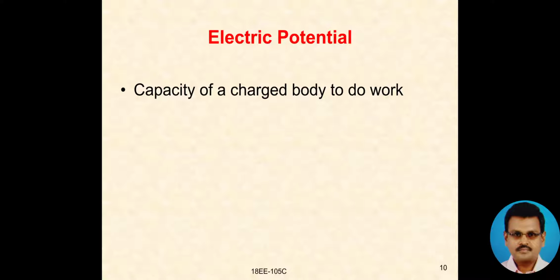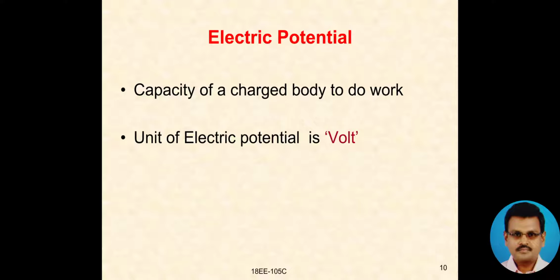Now, electric potential. The capacity of a charged body to do work is called electric potential. In the previous slide, we discussed how the materials acquire charges. Some material acquire positive charge, some material acquire negative charge. If they are brought near to each other, then they get attracted.